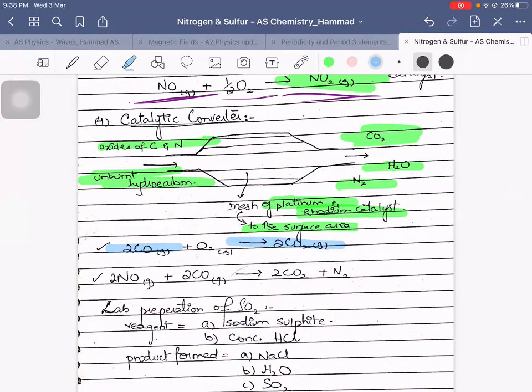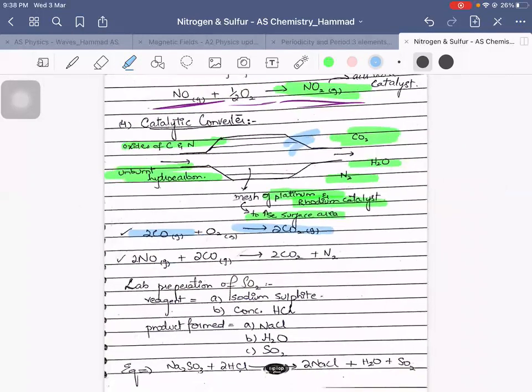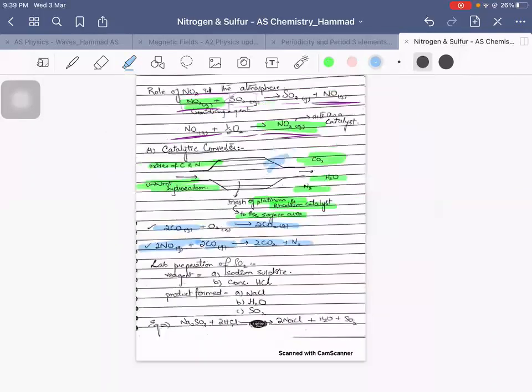This is a material that is used or attached with the silencer in cars. It converts nitrogen monoxide and carbon monoxide into carbon dioxide and nitrogen gas.